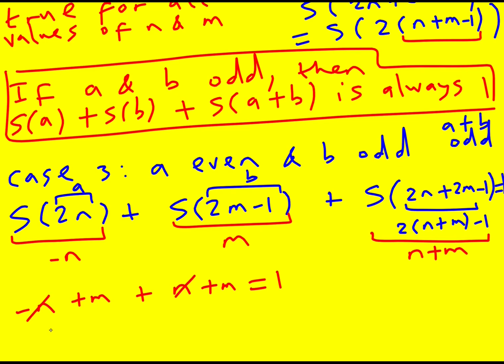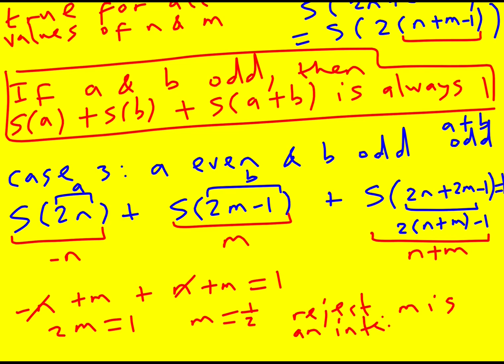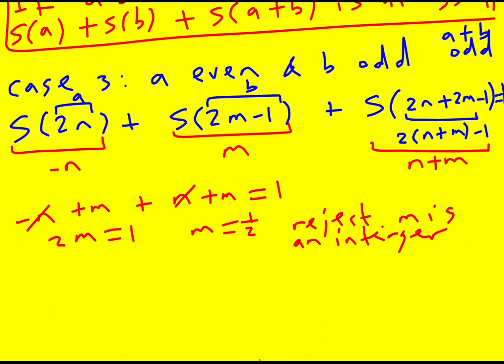These cancel. 2m equals 1. M would have to equal a half. Okay, we reject this because m is an integer. In fact, actually, that's not the problem, is it? We'll just get S of 0.